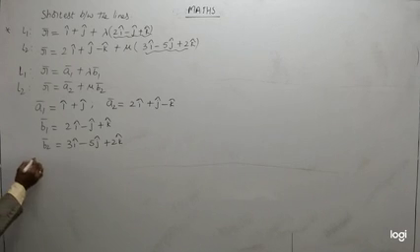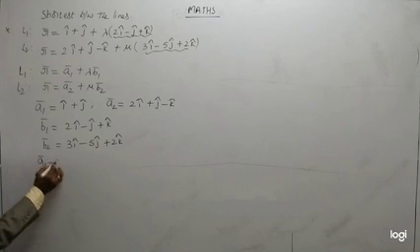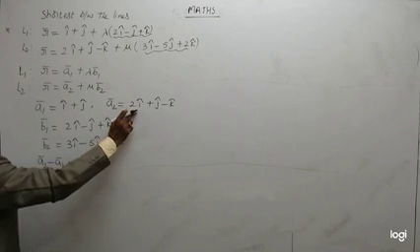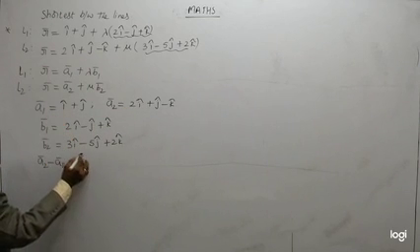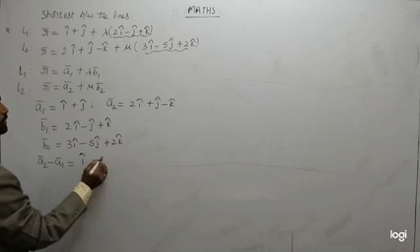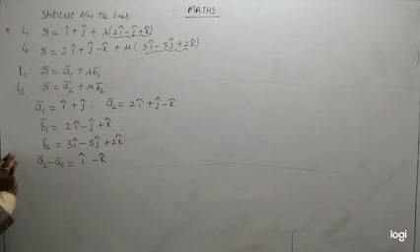Then immediately calculate the A2 bar minus A1 bar vector first. I am writing directly: 2I cap minus I cap, next minus K cap. A2 minus A1, you will get I cap minus K cap only.